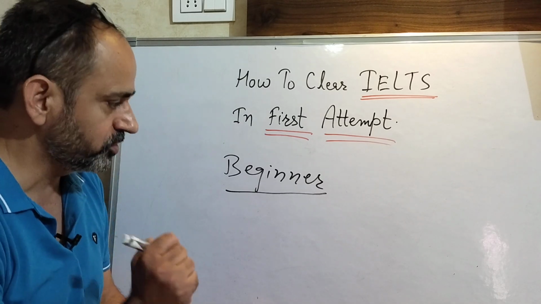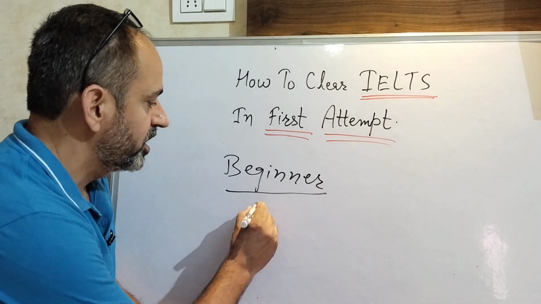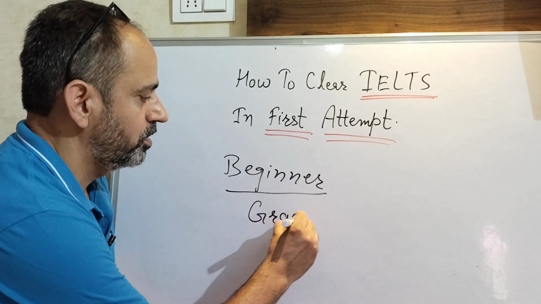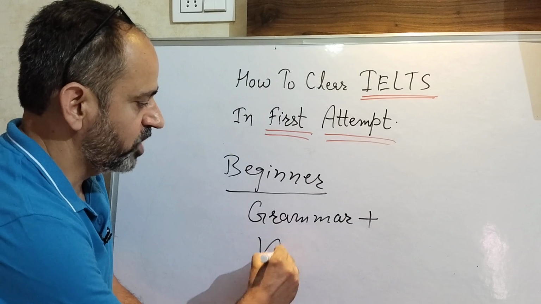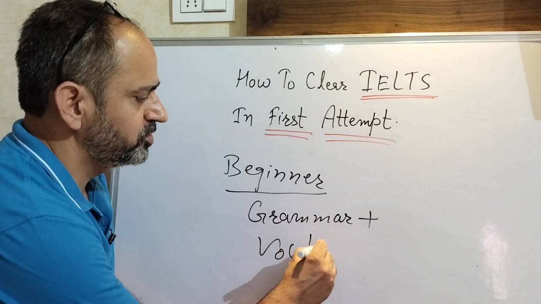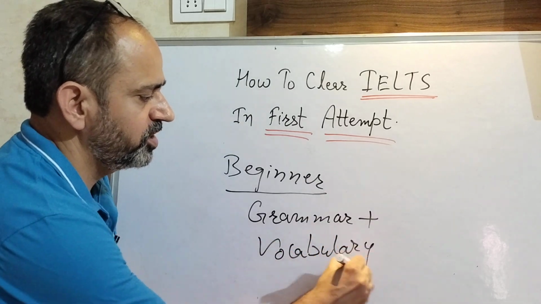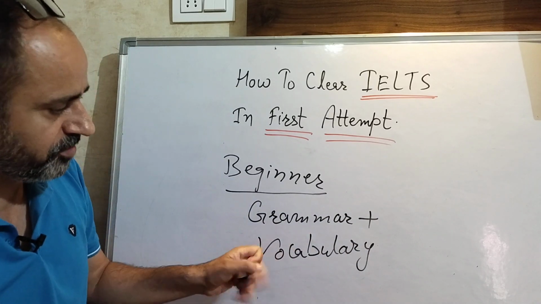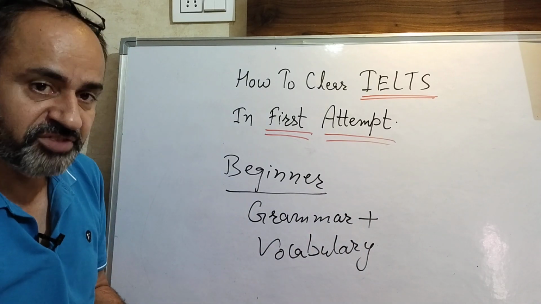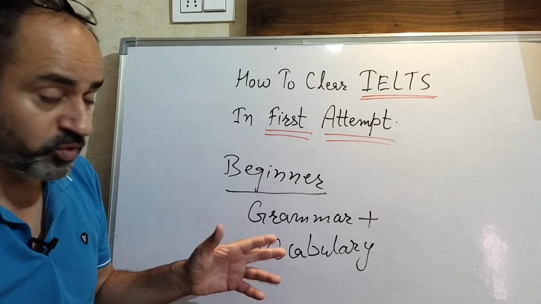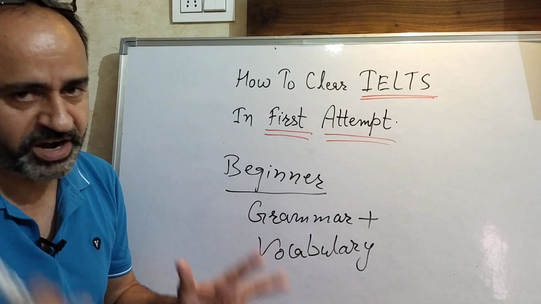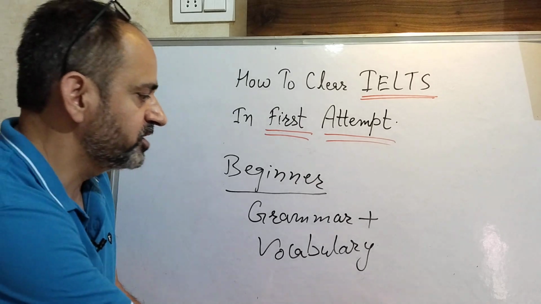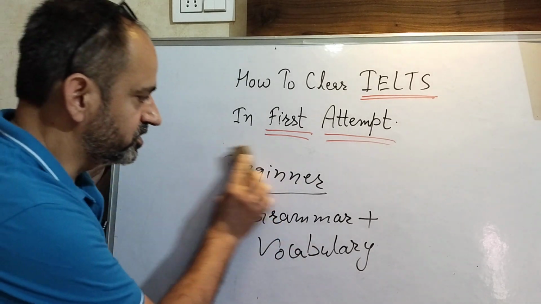grammar plus vocabulary. These two things are going to be very important for you. If you have certain weaknesses here, your vocabulary is not strong, your grammar is weak, friends, definitely you will face many problems in IELTS.